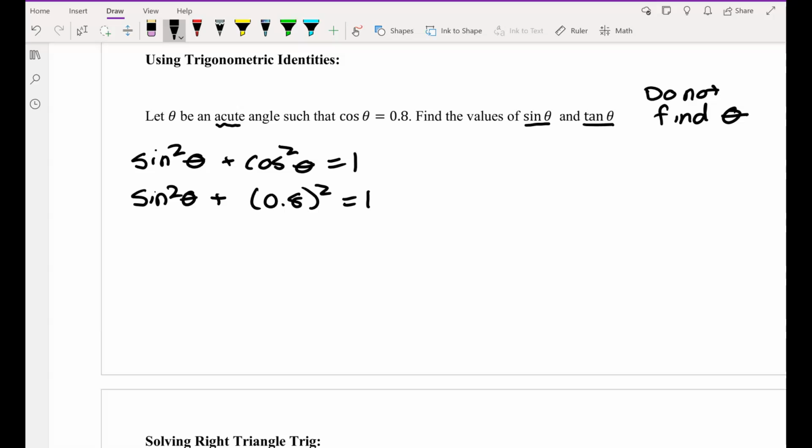All right. So I have all numbers except for sine squared theta, so I can very easily solve for that. So sine squared theta plus 0.64 equals 1. Subtract the 0.64 from both sides.